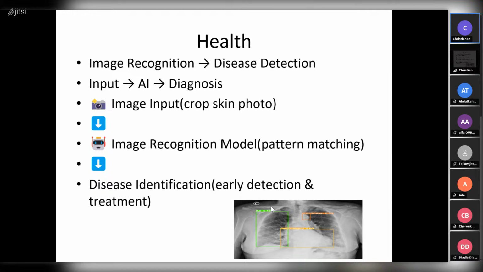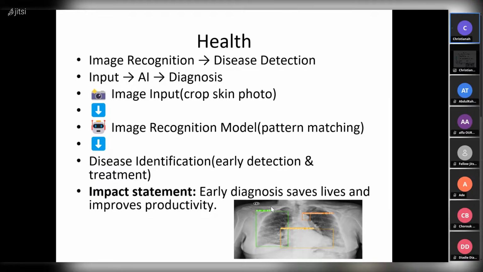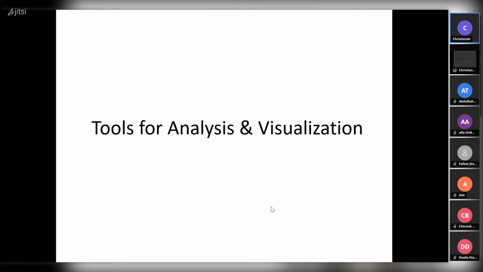Then, depending on what the model is doing, we have an LLM that is able to give suggestions and probably collaborate with humans to suggest treatment. We know that early diagnosis helps in saving lives and also improves productivity.